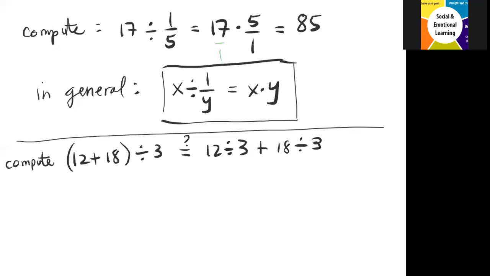We can figure out what these are. 12 plus 18, that's pretty easy. We could say that's 30. And divided by 3, that's equal to 10.